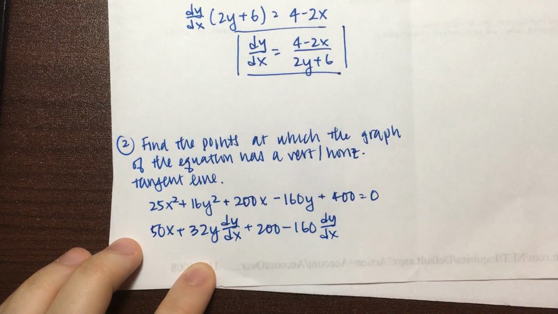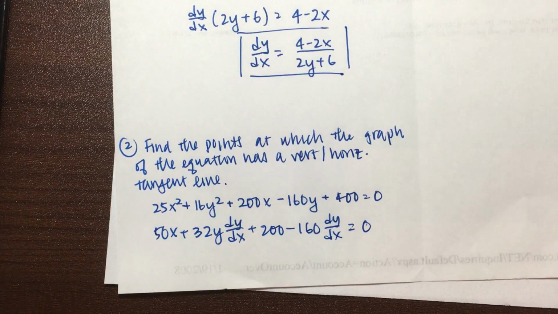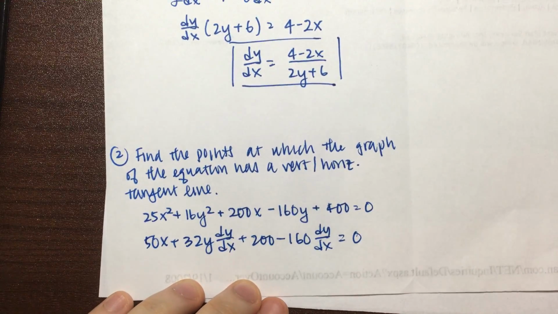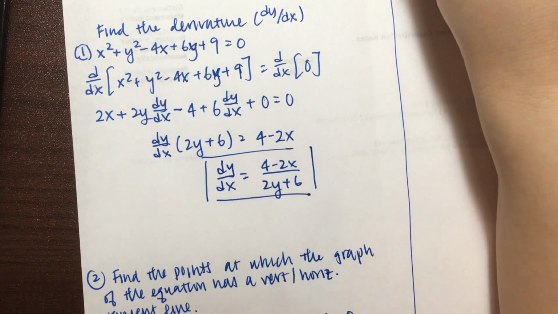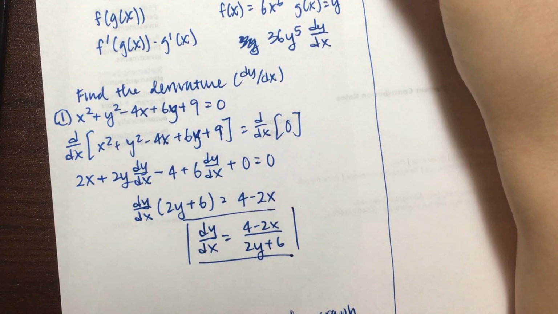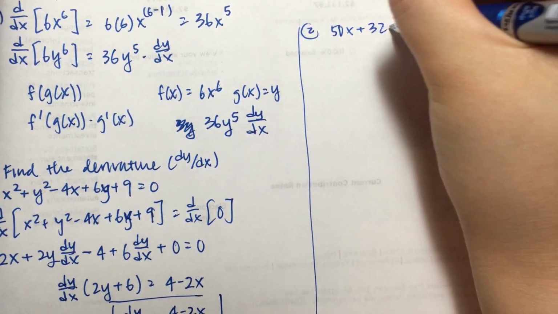Okay, and then this one is just a constant, and that is 0, so we just ignore that. Okay, and now I'm kind of running out of space. Let's continue over here. Let's jot down that last step real quick.